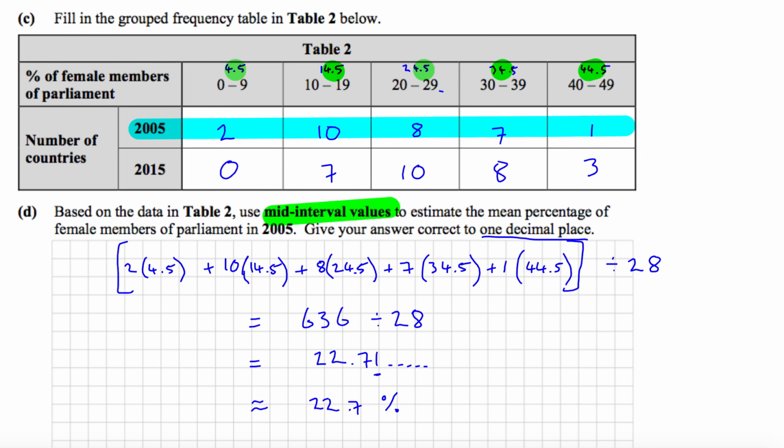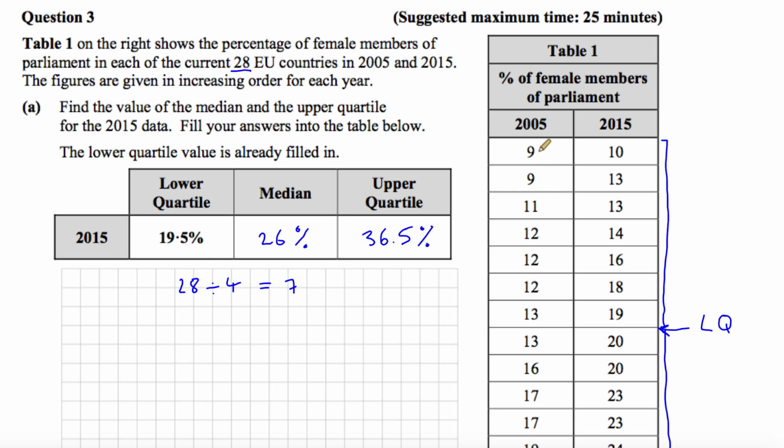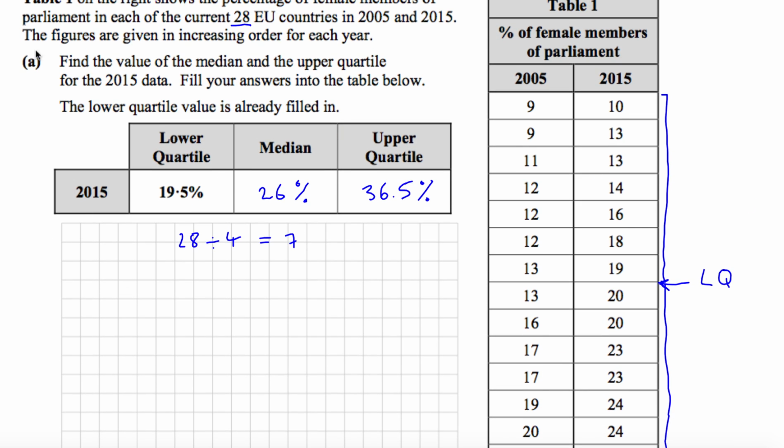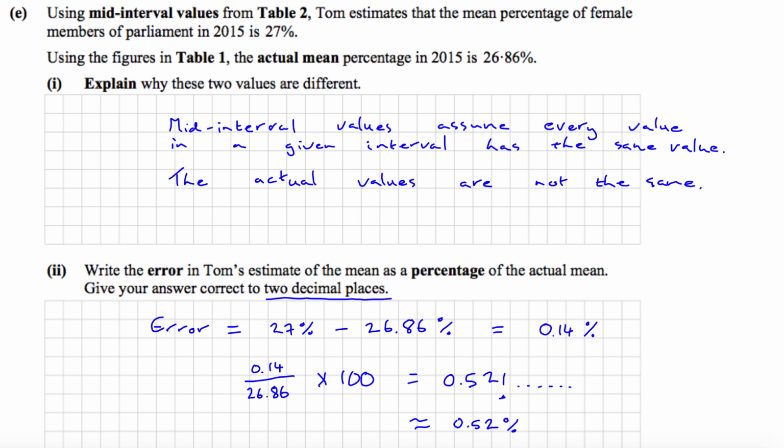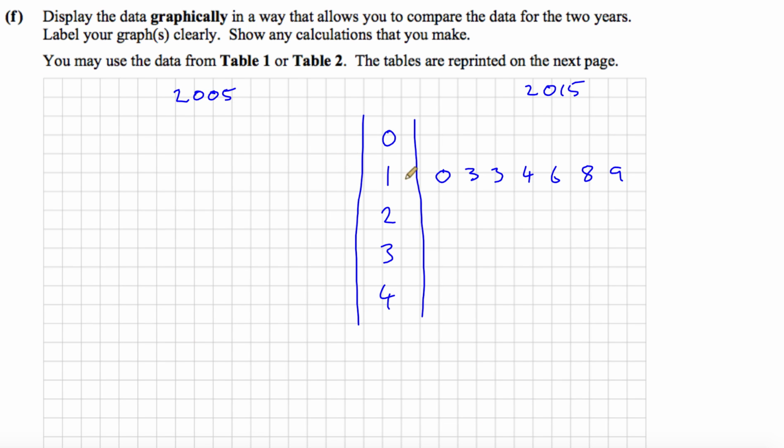And for 2005, there was 9 and a 9, and then 11, 12, 12, 12, 13, 13, 16, 17, 17, and finally 19. So when you fill the stem and leaf diagram in like this, when you're going to the left though, you start with the smaller number close to the stem.